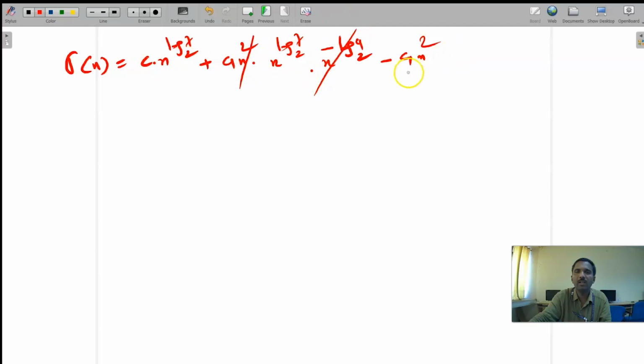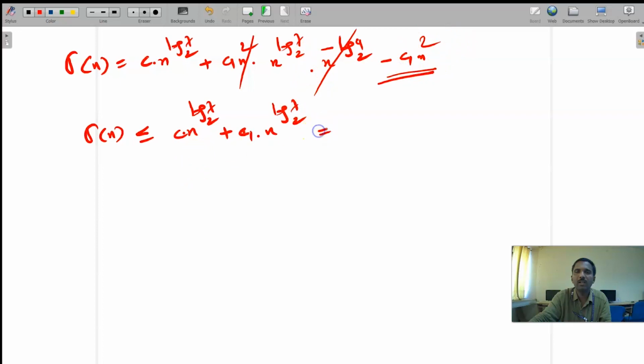Now if we ignore the term minus c1 into n square, what happens? The left hand side is t of n. T of n is less than or equal to c into n power log 7 base 2 plus c1 into n power log 7 base 2, because we ignored minus c1 into n square.